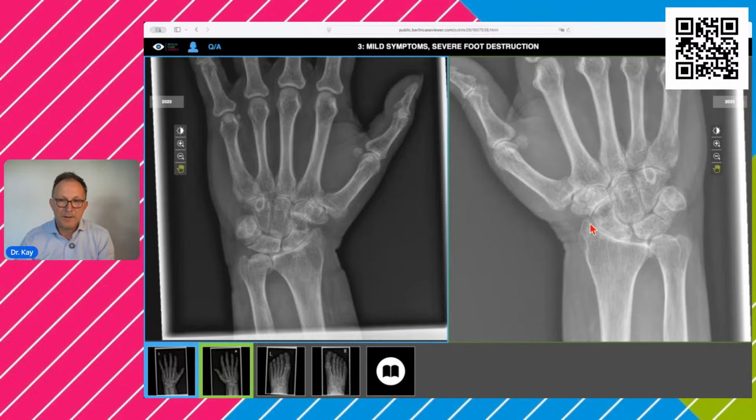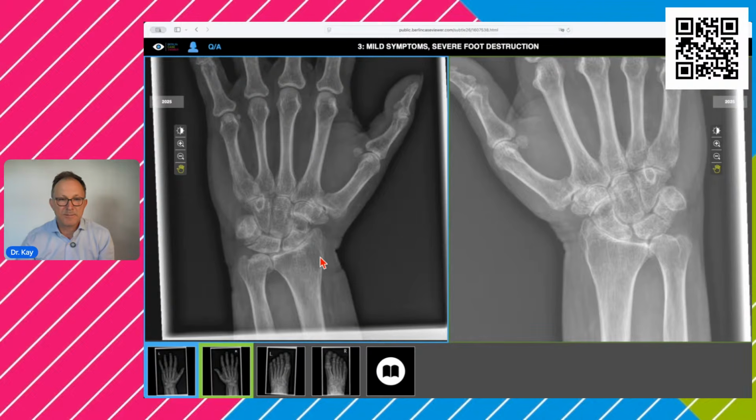This asymmetric joint space narrowing is a sign for early crystal arthropathy. So patients with this type of joint space narrowing may develop crystal deposition in the TFCC later on. Also, it is a sign that the scapholunate ligament is torn, which is also happening in CPPD, but also in some cases of rheumatoid arthritis.